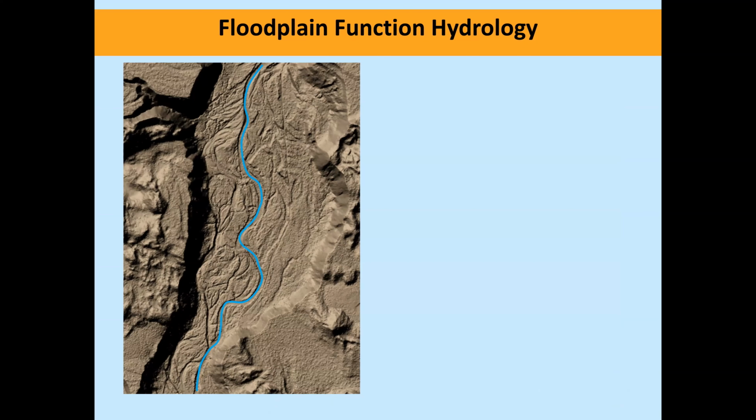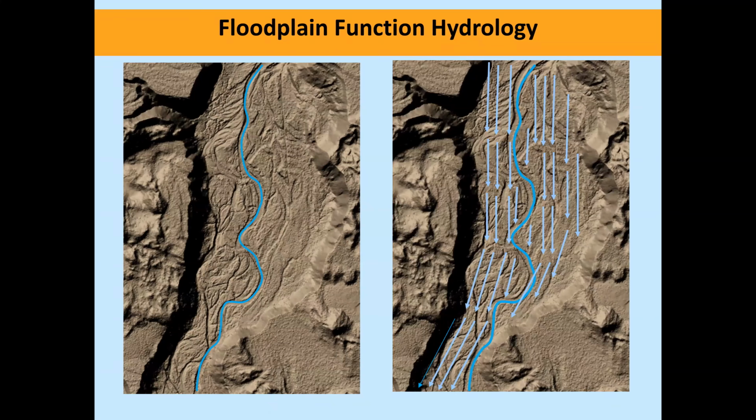hydrology. I'm just going to go through an example of a channel here. This is a LiDAR view of a channel in the Mat-Su. And if you can imagine when a flood event occurs and it gets larger than that bankfull discharge and spills out across its channel, across its floodplain, there are lower velocity flows moving along out of that channel.